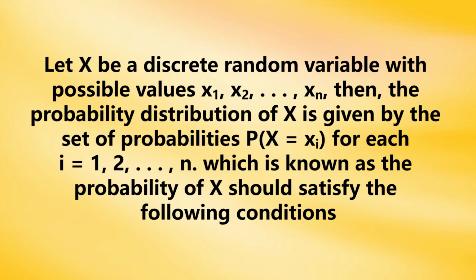Let x be a discrete random variable with possible values x1, x2, etc. xn. Then the probability distribution of x is given by the set of probabilities P(x = xi) for each i = 1 to n. The function is said to be a probability distribution if it satisfies the following conditions.